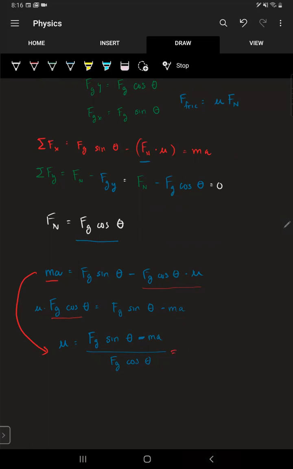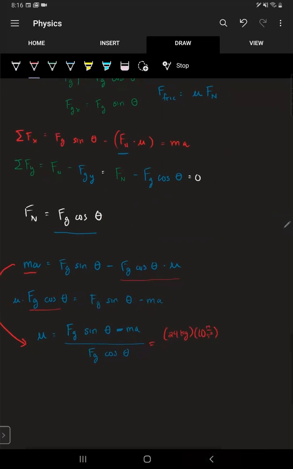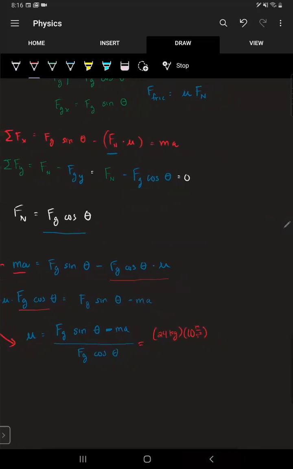Right? And we know that fg is equal to mg. So it's going to be 24 kilograms times 10 meters per second squared. And we know that sine of theta is equal to 0.6. No, 0.8, my bad.